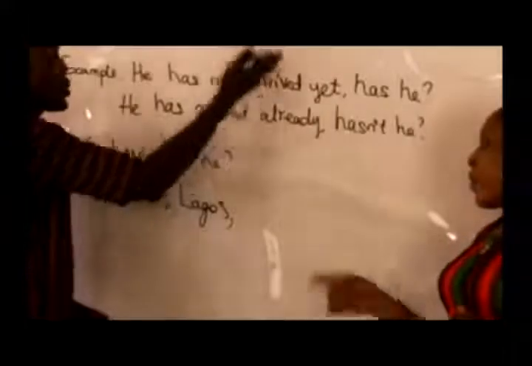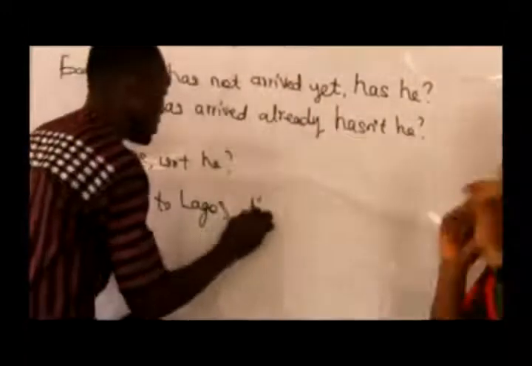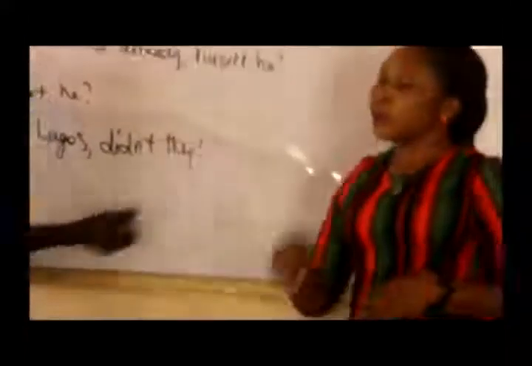You can't say that, but it's easy for us to say he is here, isn't he? But you can't say they traveled to Lagos, traveled there. You can't say that. So what do we do? We use one of the verbs to do in consonance with the tense. So what do we say? Didn't they? Alright?